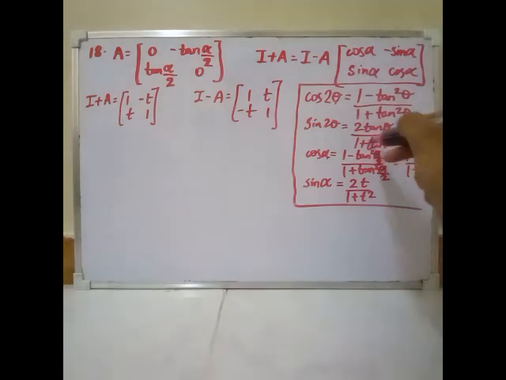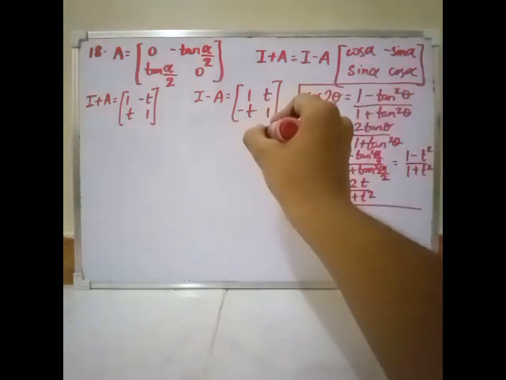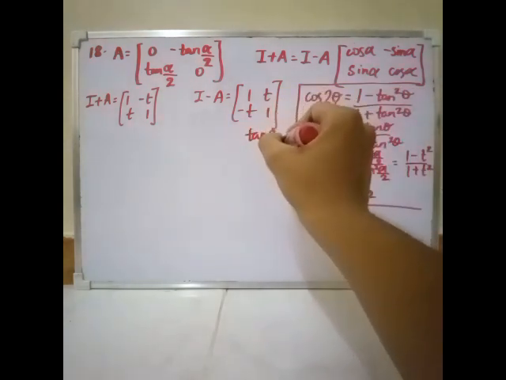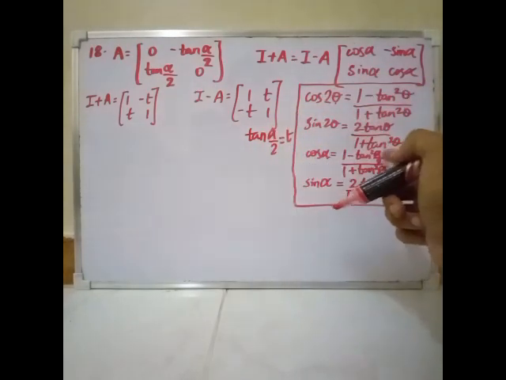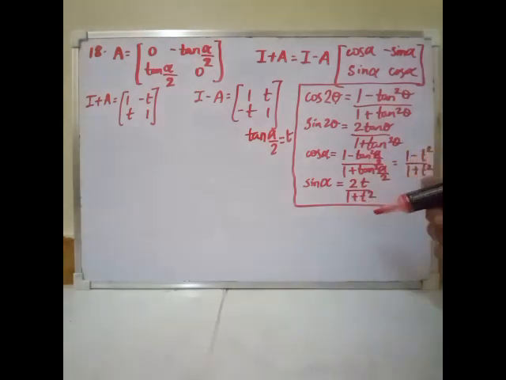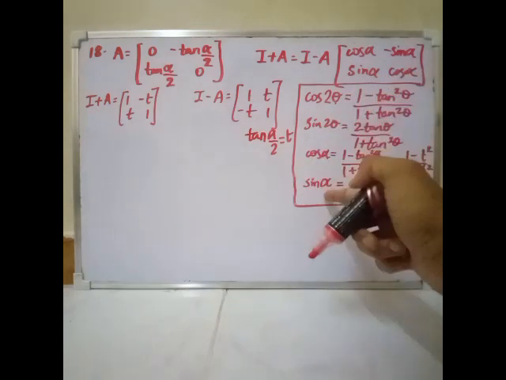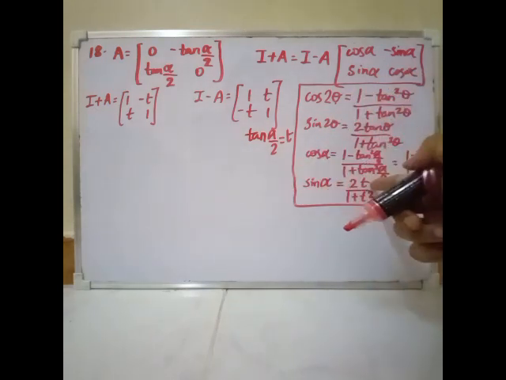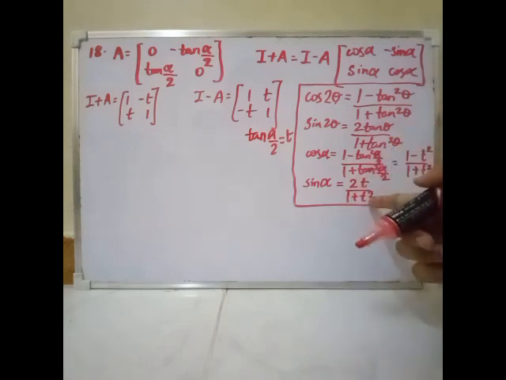Then we already wrote it as tan phi by 2 is t, right? First we defined tan phi by 2 is equal to t. So instead of tan phi by 2, put it as t, so t squared, and here also t squared. Now sine also, if you check, instead of tan theta we can put it as t, and instead of tan square theta we can put it as t squared.